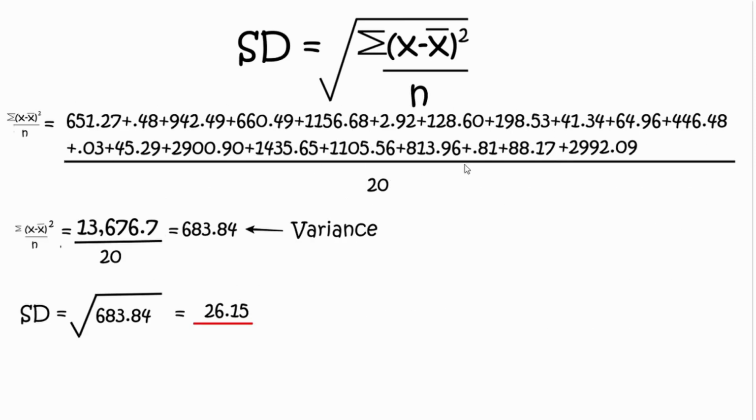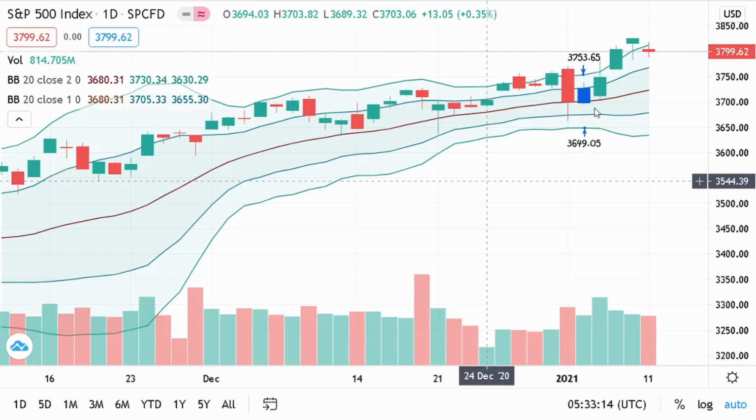After we square all the differences, we're going to add them together and divide by 20, as we see here. This will give us our variance, which is 683.84. To get the standard deviation, we're simply going to take the square root of the variance. So our standard deviation for January the 5th is 26.15.